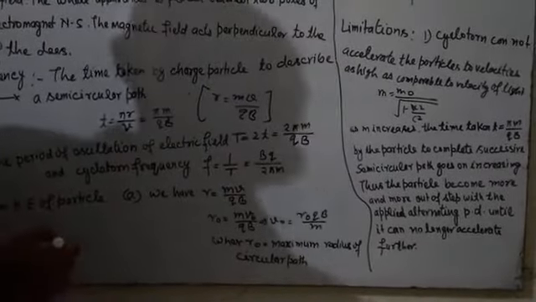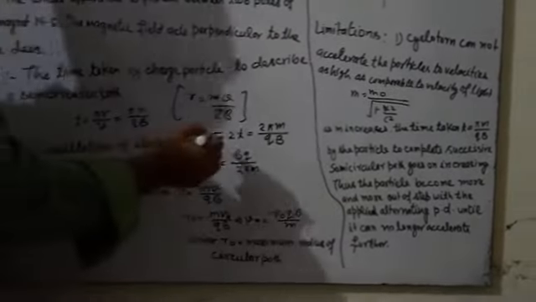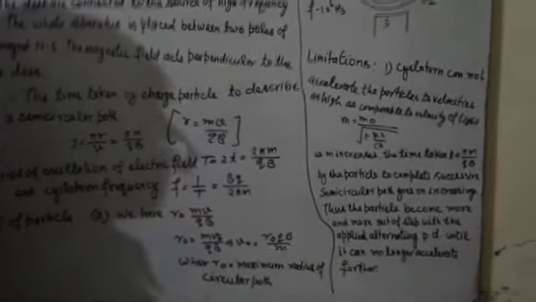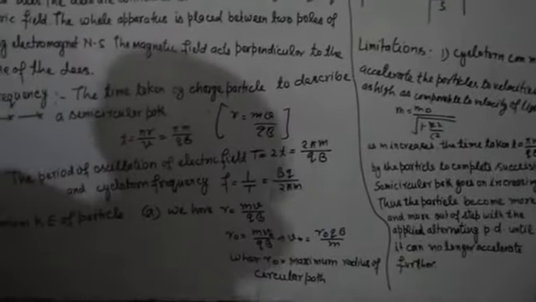The period of oscillation of the electric field, capital T, equals 2t, which is 2 pi m upon qB, and the cyclotron frequency, the reciprocal of the time period, is qB upon 2 pi m.